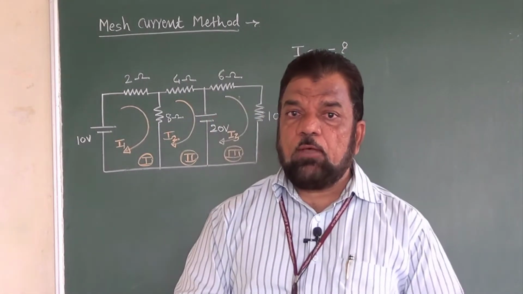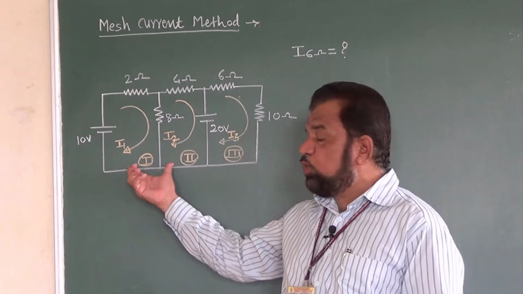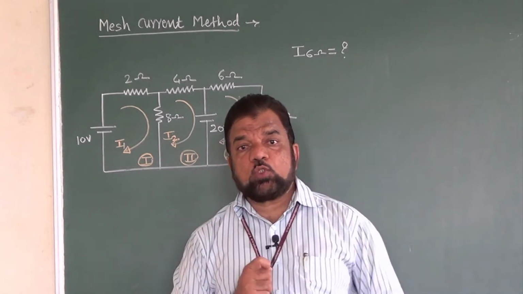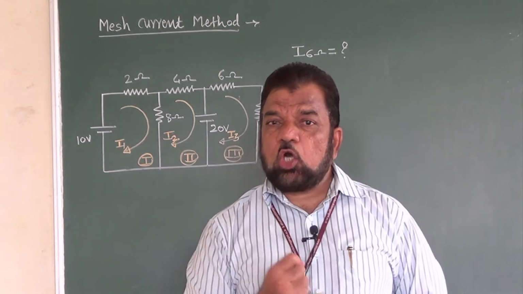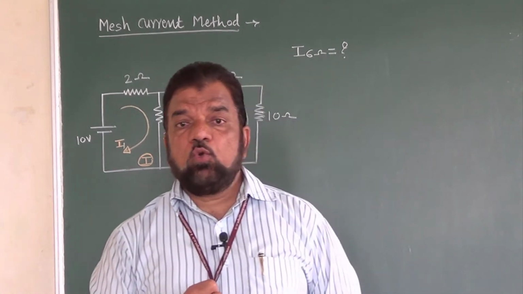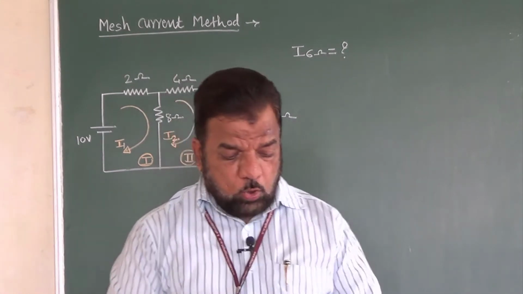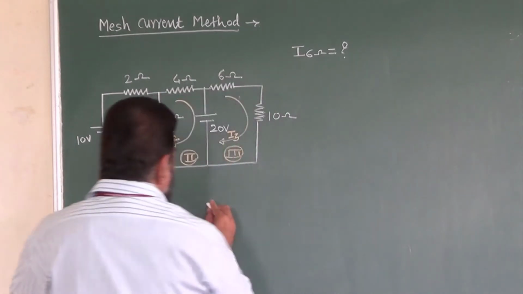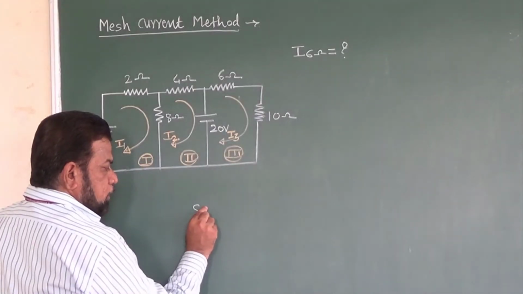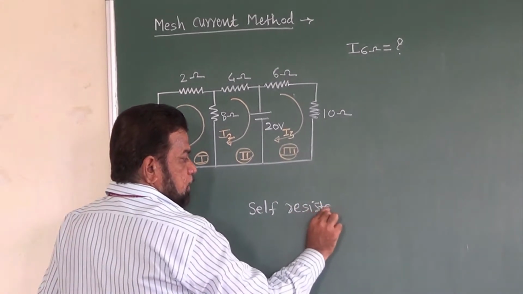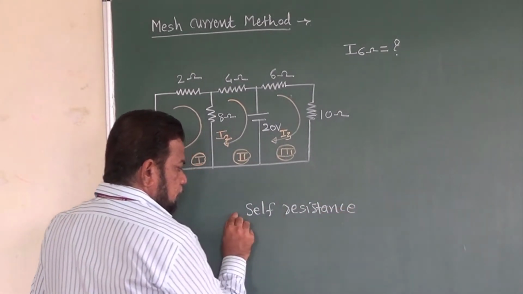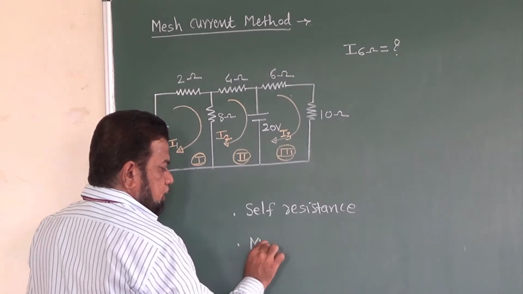In order to apply KVL for these 3 loops, we will make use of the method of inspection. That means in a short time I can write the loop equations. What we have to remember here are 2 terms: one is called self resistance, and another is mutual resistance.